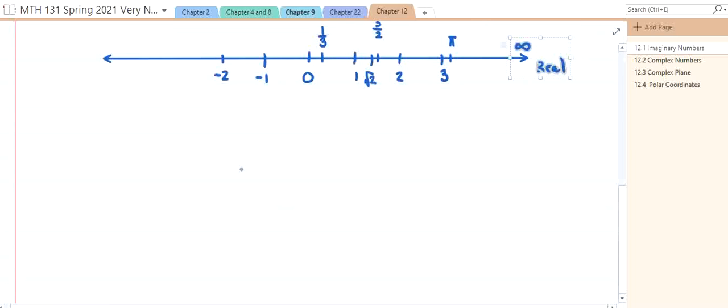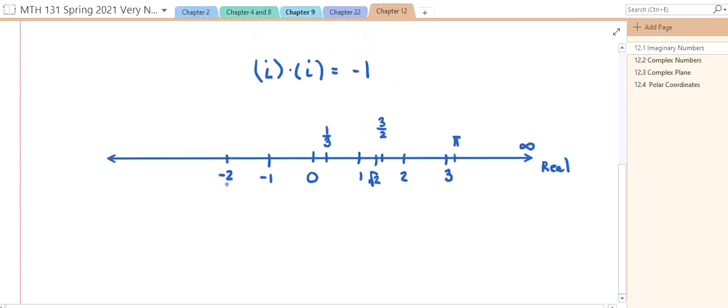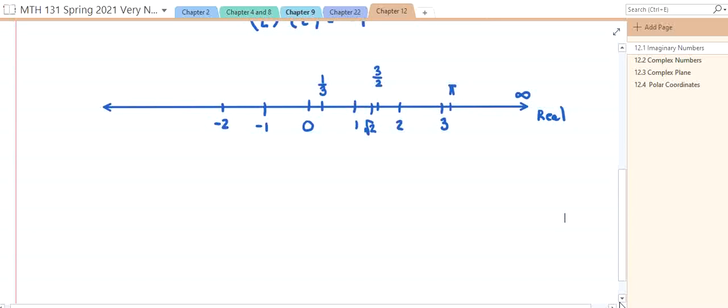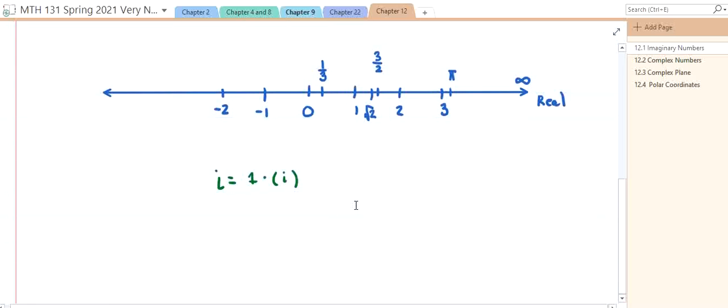But i, in itself, is the same thing as, say, the number 1 times i. And in fact, we could take any number times i.